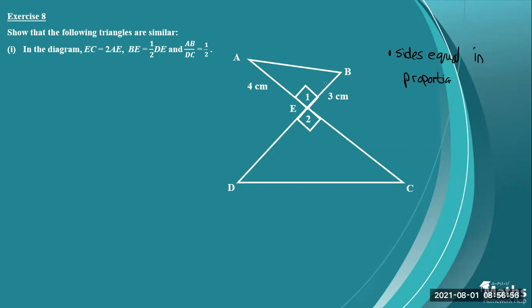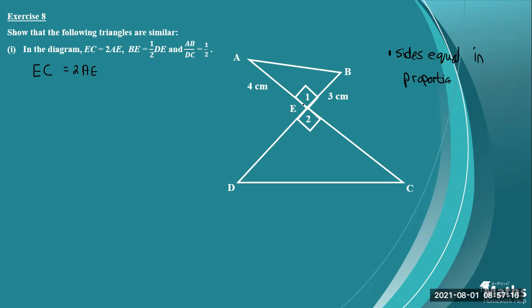Right, but we can't do anything before we have the sides. So let's analyze what did they say here. The first information here is saying that EC will be equal to 2 times AE. So do we have EC?